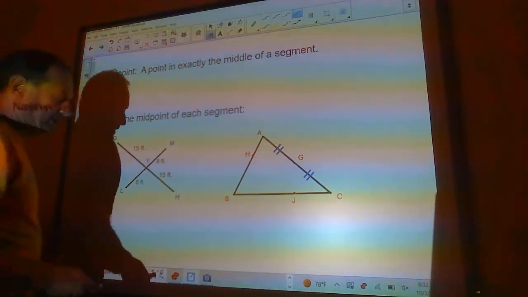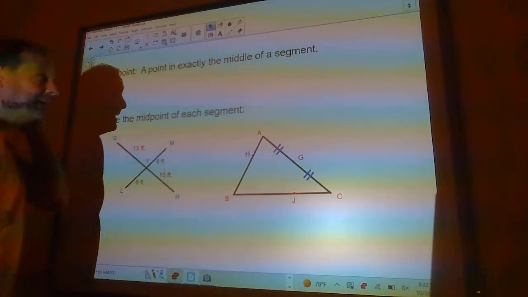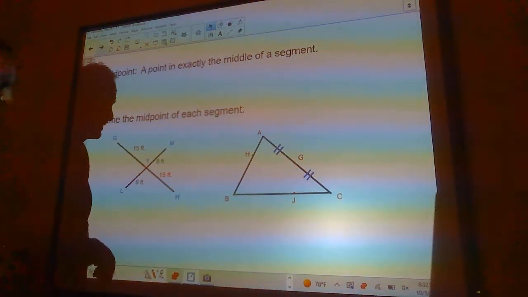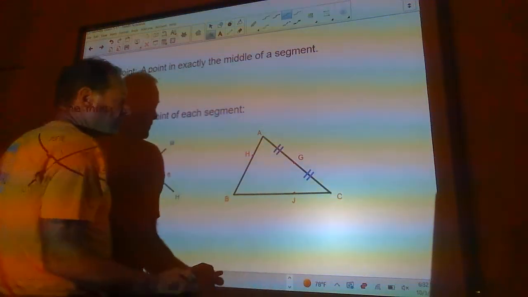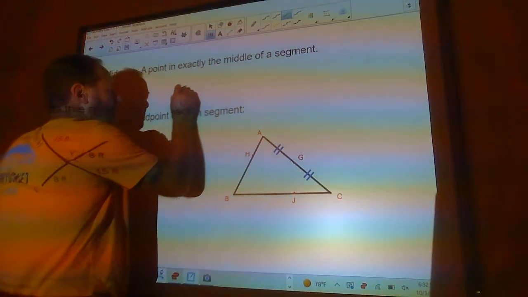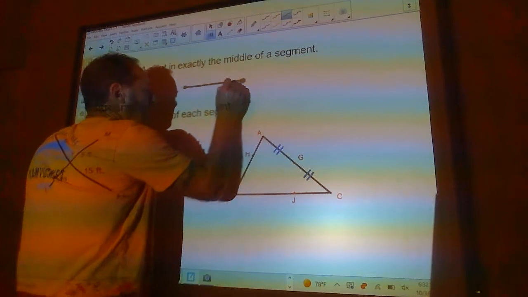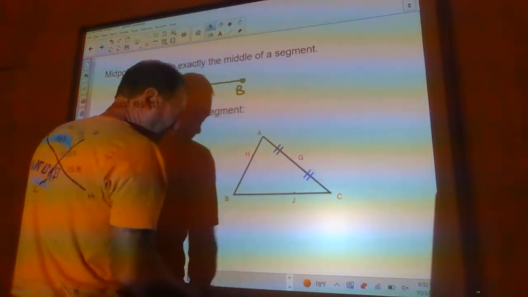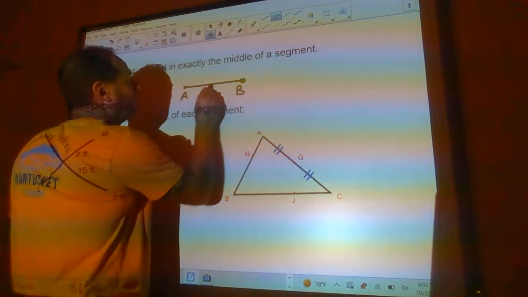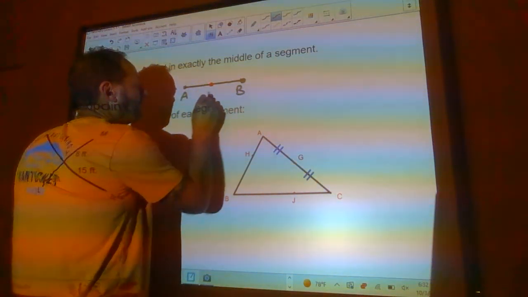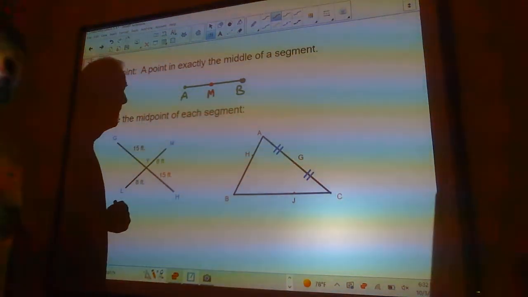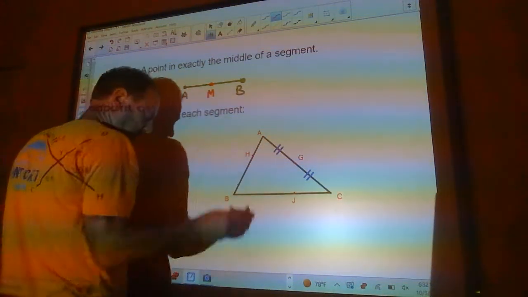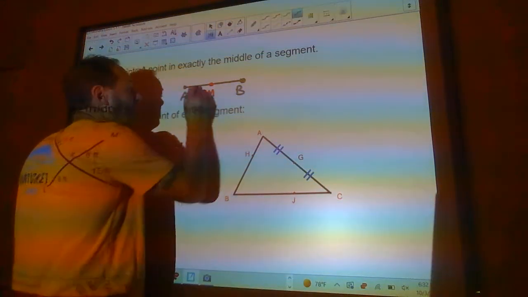All right, a midpoint. A midpoint is a point exactly in the middle of a segment. So maybe we would have something like segment AB, and if I wanted the midpoint, it would be right about there. Often we call midpoints M. And to make it the midpoint, I put tick marks on this.